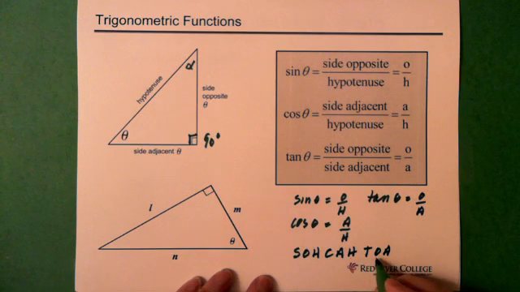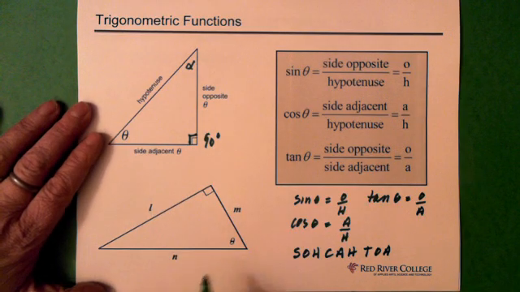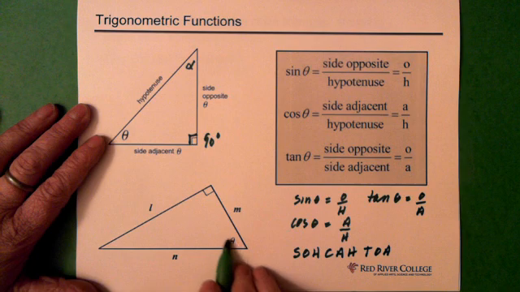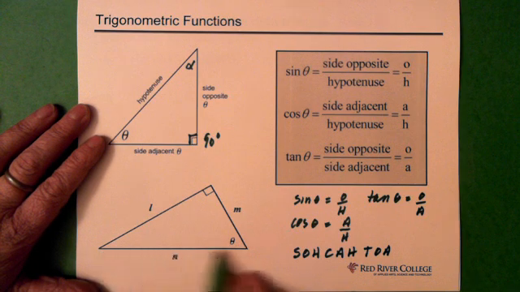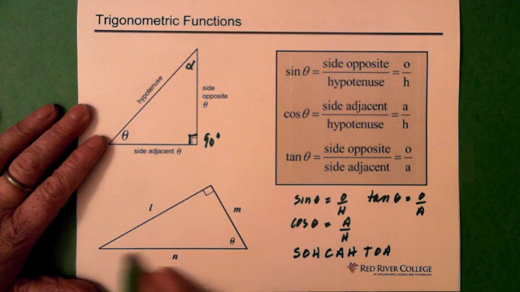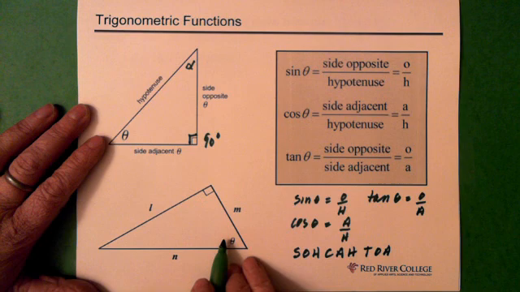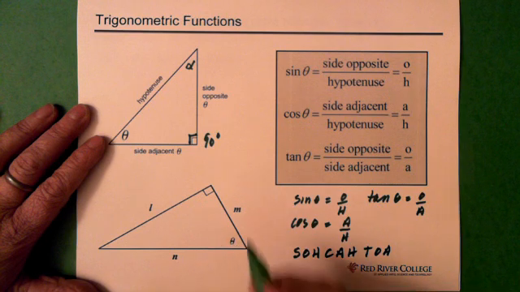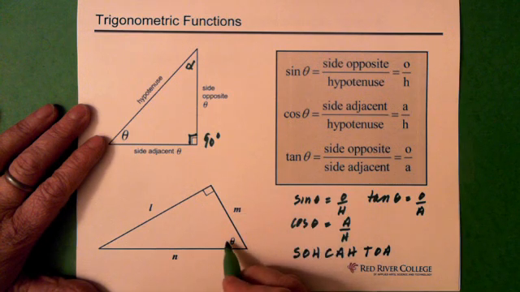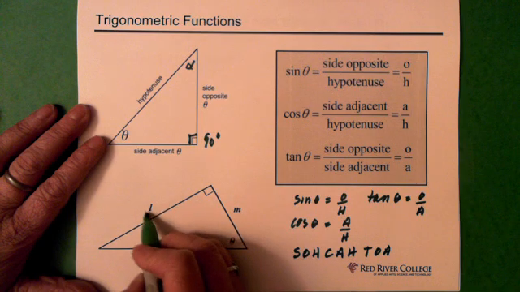Tangent, opposite adjacent. Now if we look at this triangle here, we know the angle is right there. So the hypotenuse again is the long side, which is here, and again it's the side that's opposite the right angle. The side that's adjacent is the M, and the side that's opposite is the L.